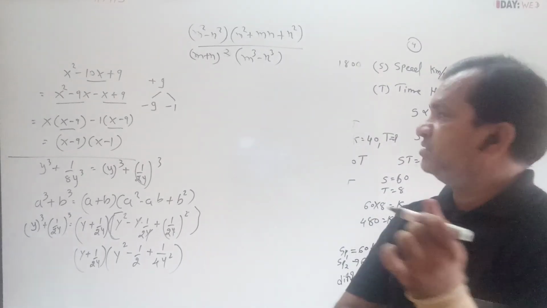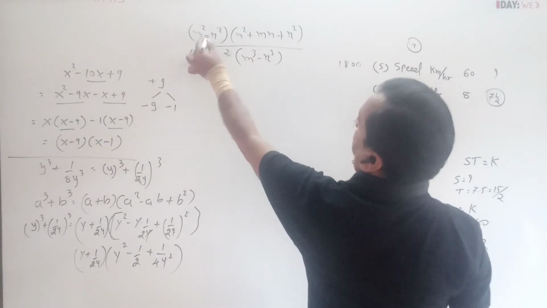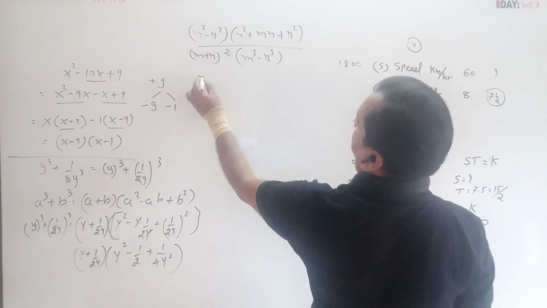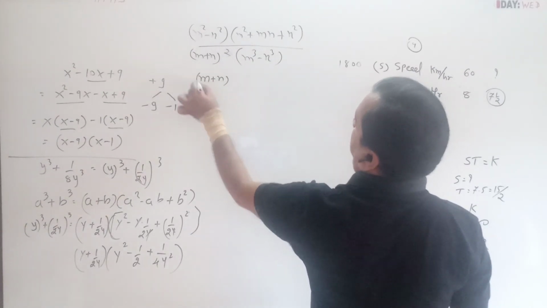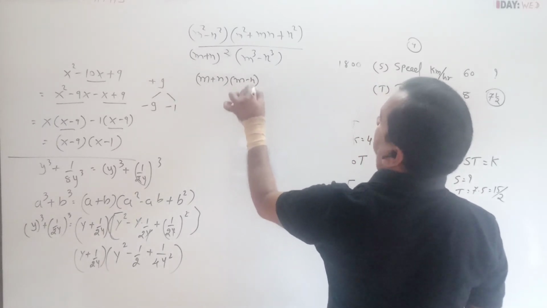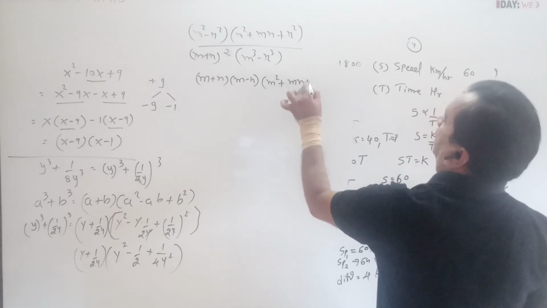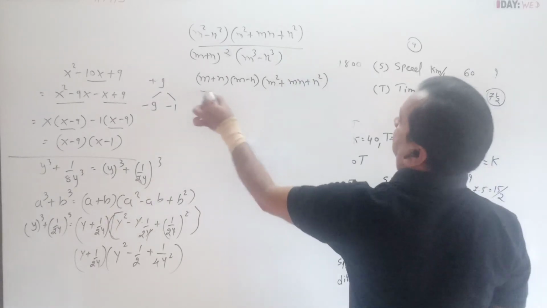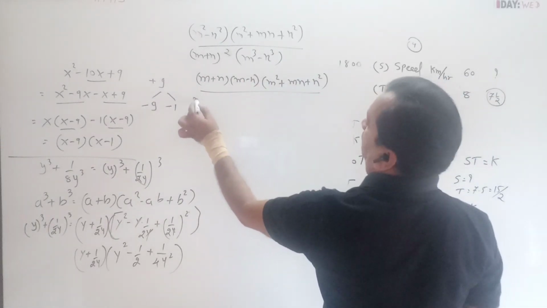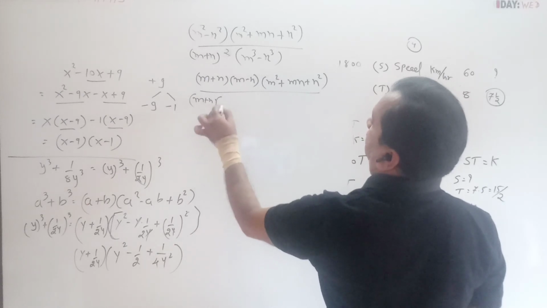Don't make it twice. So what is the answer of this? a plus b, a minus b, m plus n, m minus n. This is m square, mn plus n square. Now this is 2 times m plus n.